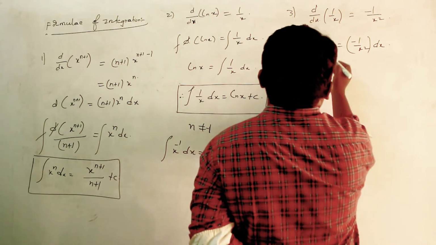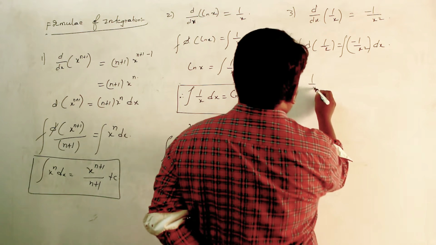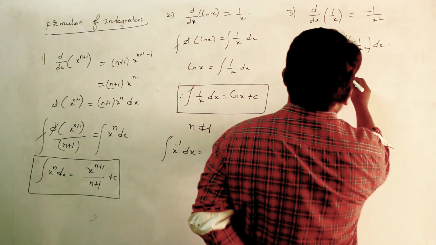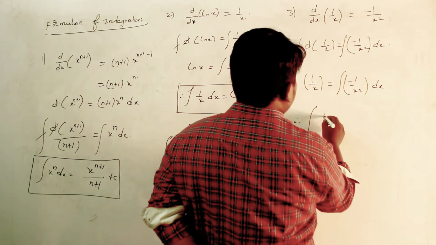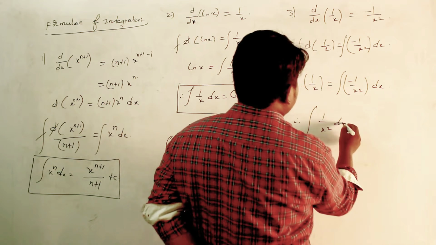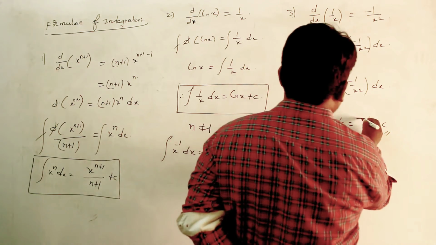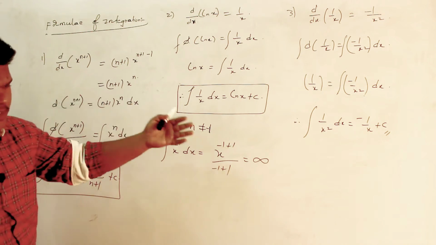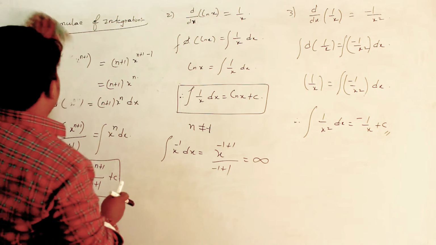Therefore now if we apply integration, 1 by x is equal to integration of minus 1 by x square into dx. Therefore integration of 1 by x square dx is equal to minus 1 by x plus c. So these three formulae we have written. Let us see some more formulae of integration.